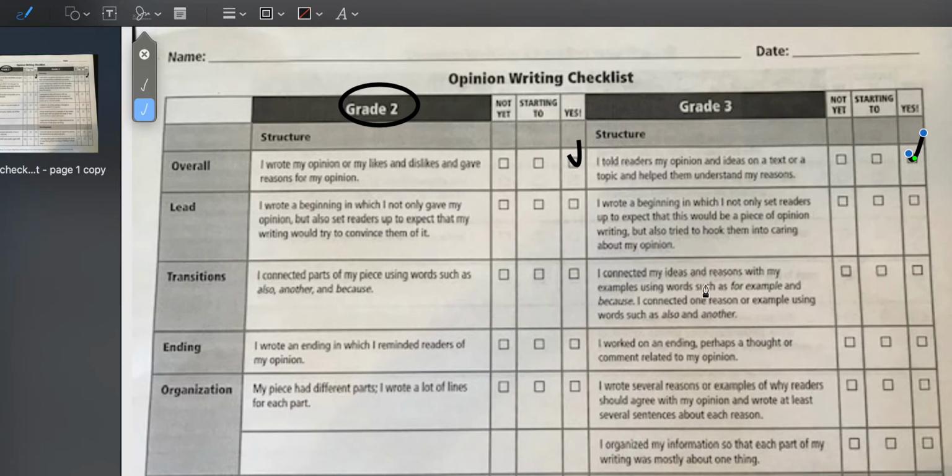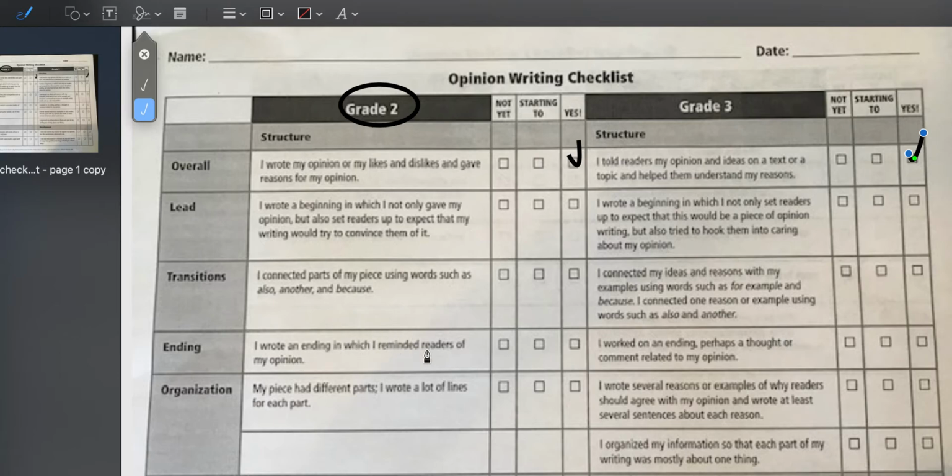I connected my ideas and reasons with my examples using words such as for example and because, and I connected one reason or example using words such as also and another. Both of these are talking about, did you use those really good opinion starters, those little sentence starters that we talked about?